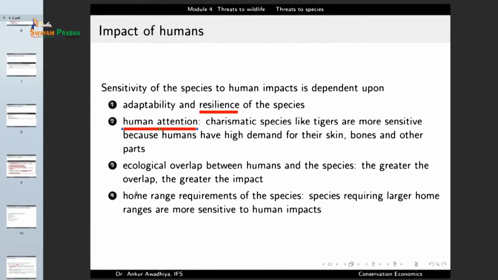Next, we have ecological overlap between humans and the species. The greater the overlap, the greater the impact. A good example is those species that live in the plain areas, especially the grasslands. Humans have converted a large number of grasslands into agricultural fields.